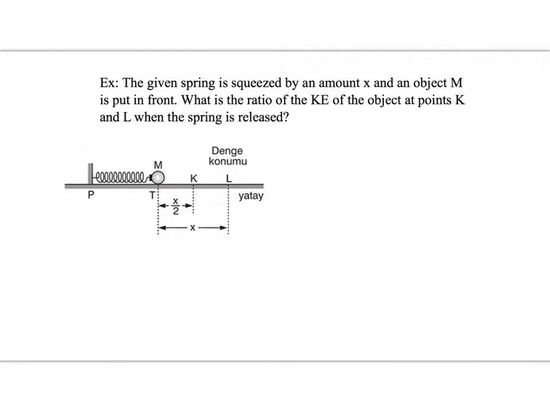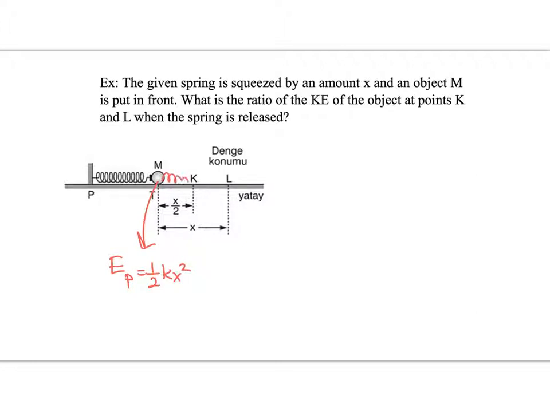The given spring is squeezed by an amount of x and an object m is put in front. What's the ratio of the kinetic energy of the object at points K and L when the spring is released? When I squeeze it by an amount of x, the energy deposited in the spring as elastic potential energy is 1 over 2 kx squared.